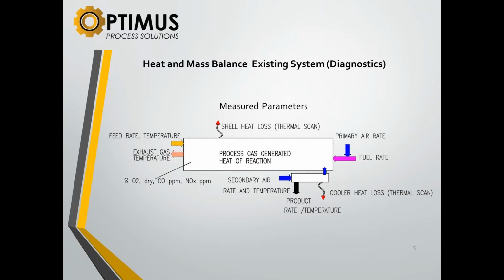There's additional air that comes through your cooler called secondary air. And there could be some air leakage at the seals, but not shown on this picture. But essentially, from these variables, you can calculate the mass of material going into the kiln with respect to combustion only.